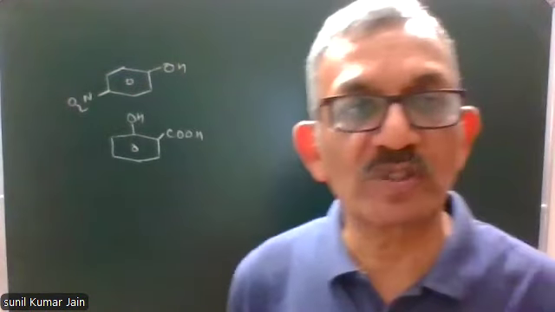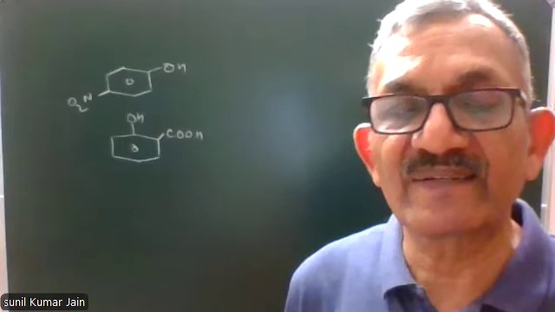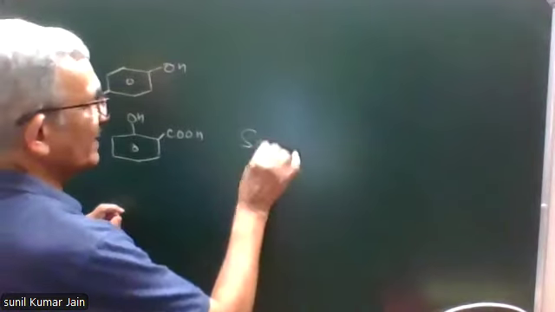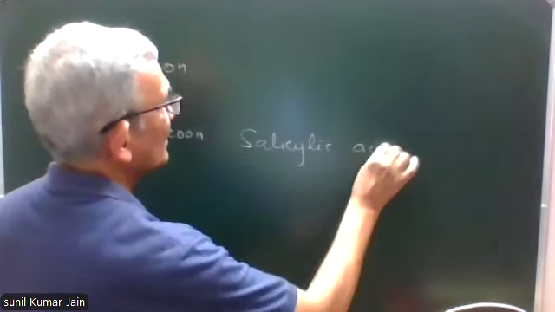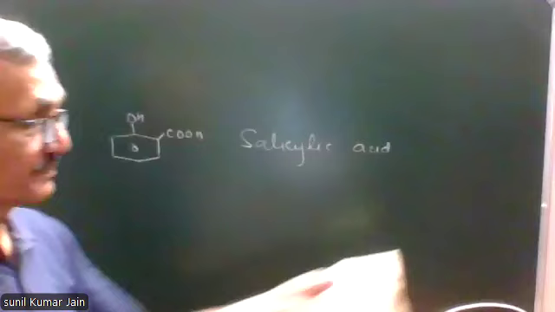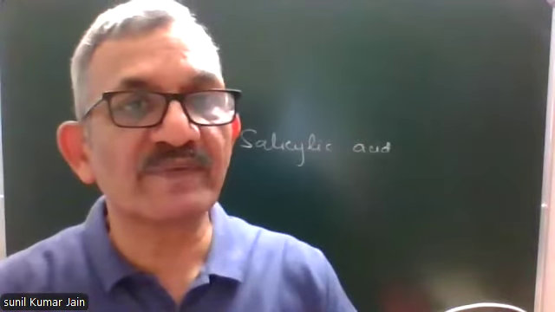In many compounds, the prefix ortho, meta, para is not used. They are given special common names, like this one is salicylic acid. Now, the COOH group is given more preference.